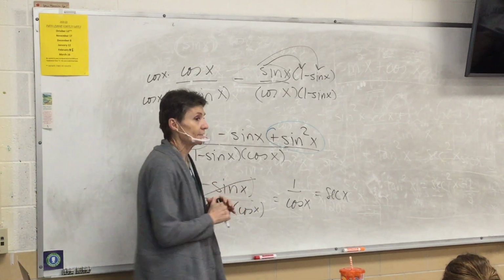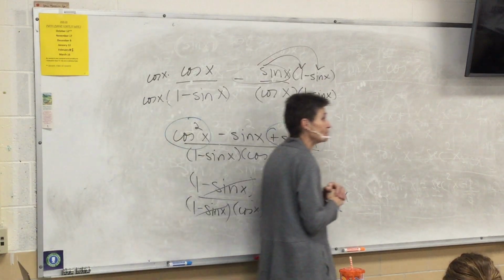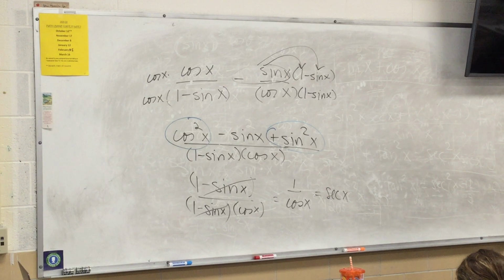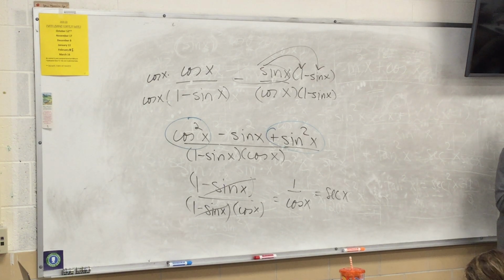So let's take a second look at that problem before we move on. Make sure you're following what we're doing. First thing we did was get a common denominator. And how did we know we should get a common denominator?